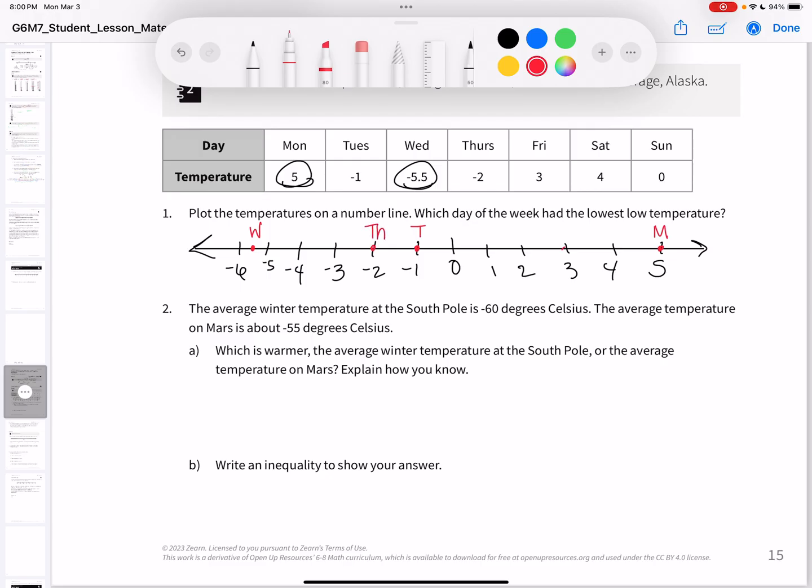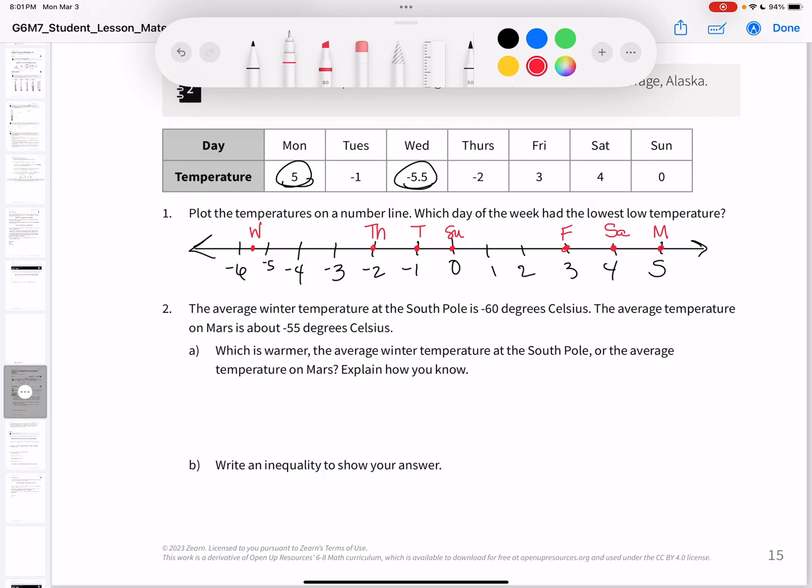Friday is 3. Saturday is 4. And then Sunday is 0. Okay, so we've plotted it.